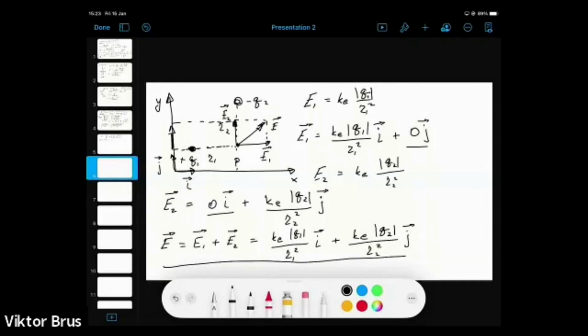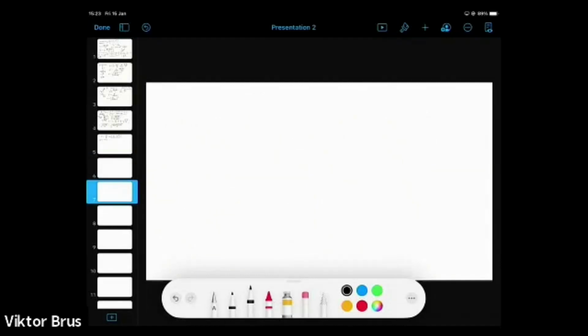This is the vector of the resultant electric field in this point P. So with this, I think we are done. Let us go further and consider a more interesting case.